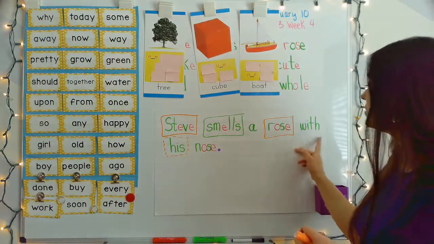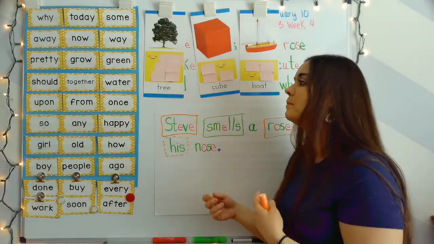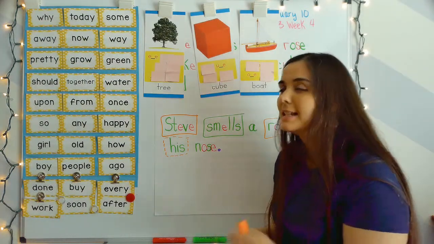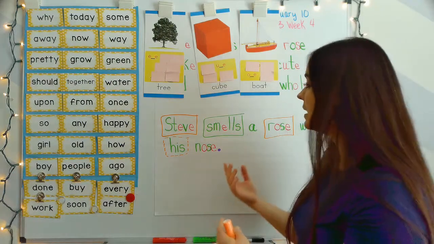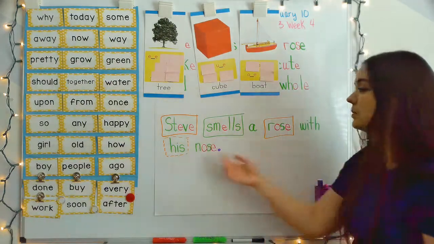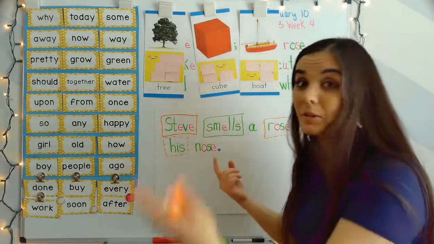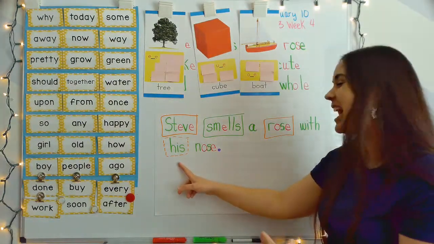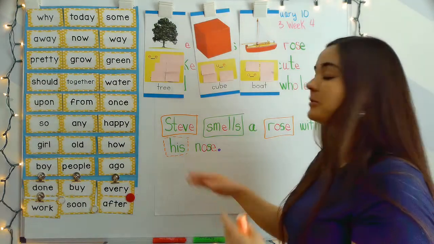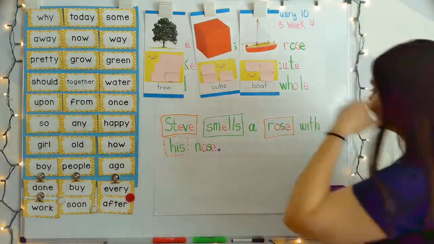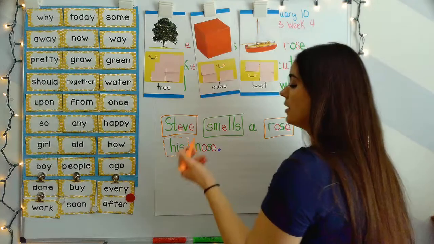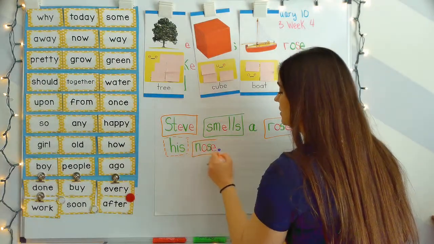Steve smells a rose with Steve's nose. Now that's a correct sentence. Doesn't really make a ton of sense because Steve smells a rose with Steve's nose. Of course he does. Steve's not going to smell anything with anybody else's nose, so it just sounds better to have the word his. All right, and one more noun, the word nose.